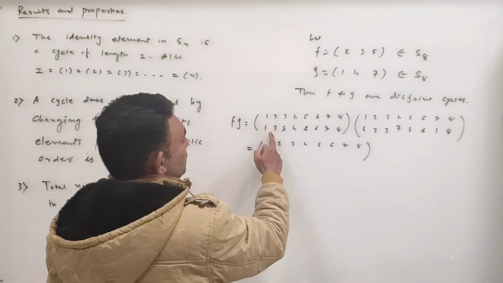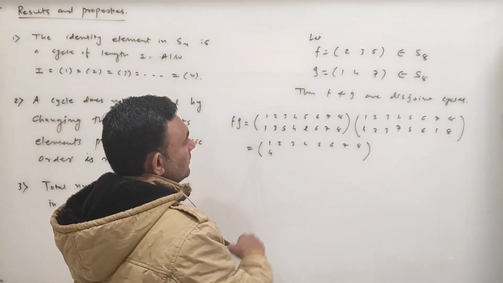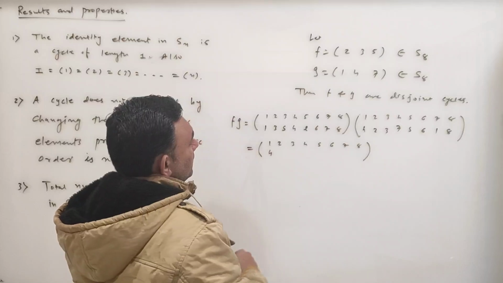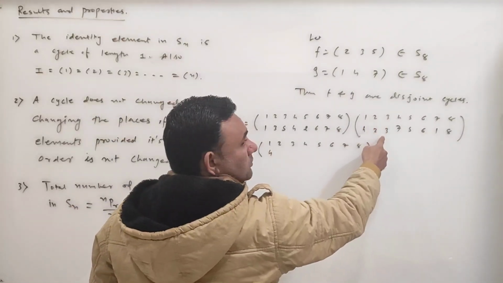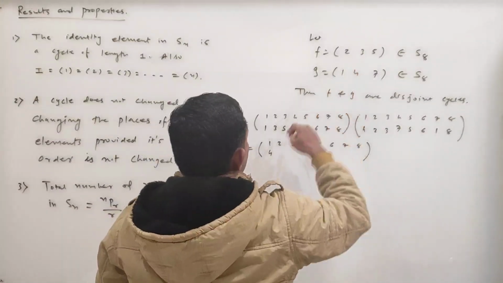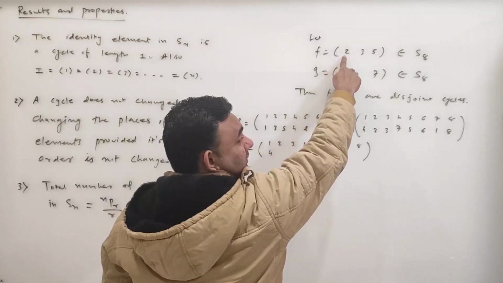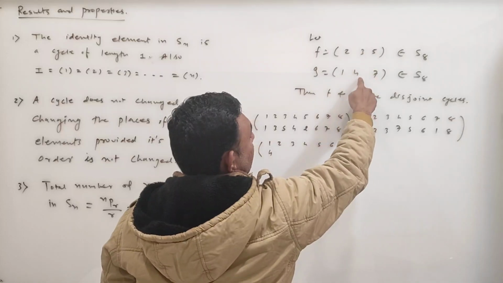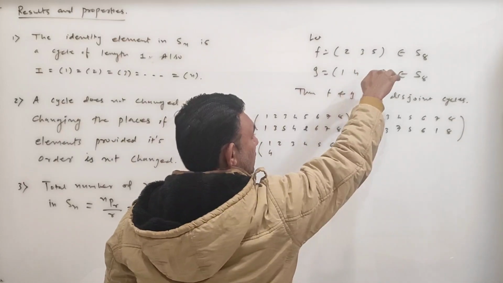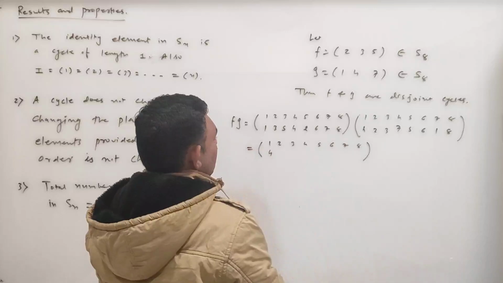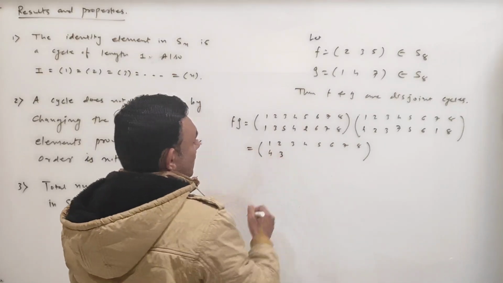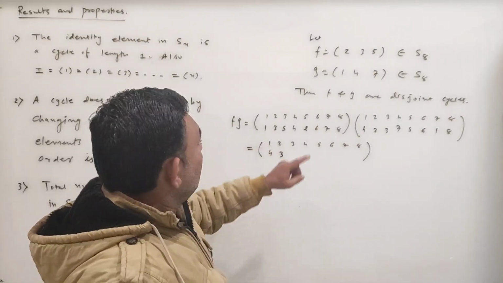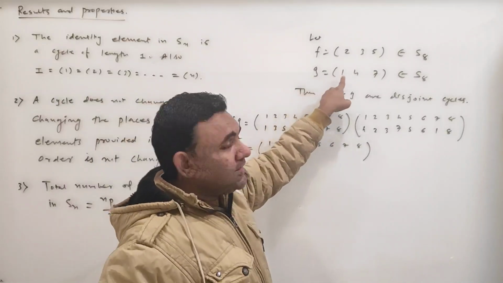Now 2 goes to 3. 2 goes to 3 and 3 goes to 3. So here see, 2 is present, so 2 goes to 3, and here 3 is absent, so 3 goes to 3 in g. So 2 goes to 3. So ultimately see, here 1 is present in g.